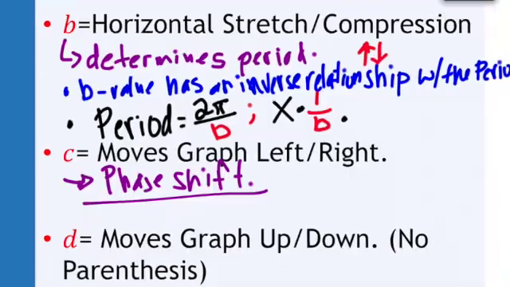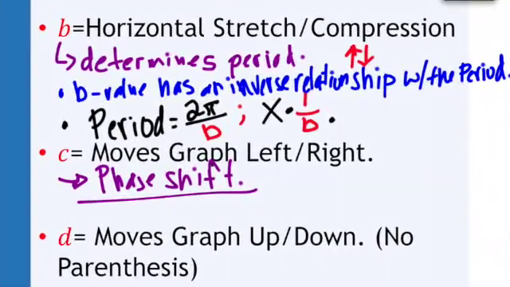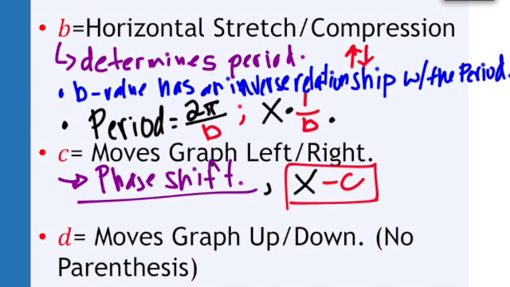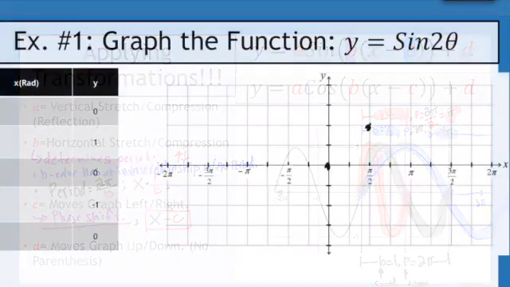It applies to the x value. We take the x value and do the opposite of whatever the c value is. If it's positive, we subtract. If it's negative, we add. So it's always the opposite. All right, let's look at some examples.